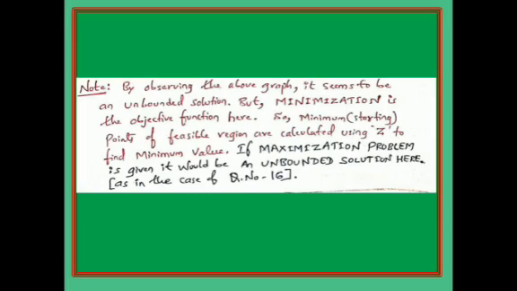But one is maximization, one is minimization. Question number 16 was maximization. That's why we had written there as unbounded solution. Question number 17 is minimization. Therein, the minimum or starting points of the feasible region are calculated using z to find out the minimum value of z as the optimal solution. Fine.